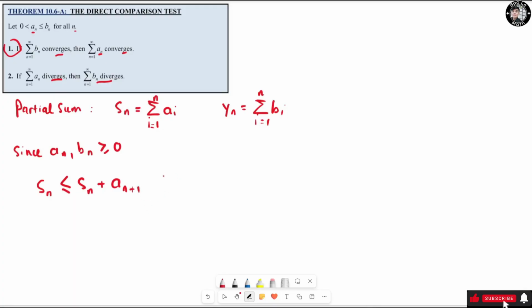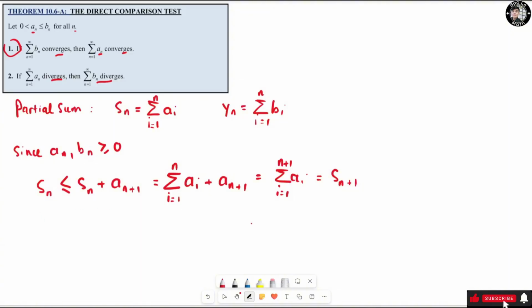Now s sub n equals the sum of ai when i goes from 1 to n, so I just replace s sub n with this, so it's the sum of ai when i goes from 1 to n plus a sub n plus 1. And this is actually the sum of ai when i goes from 1 to n plus 1. I combine these, and this is actually s sub n plus 1.